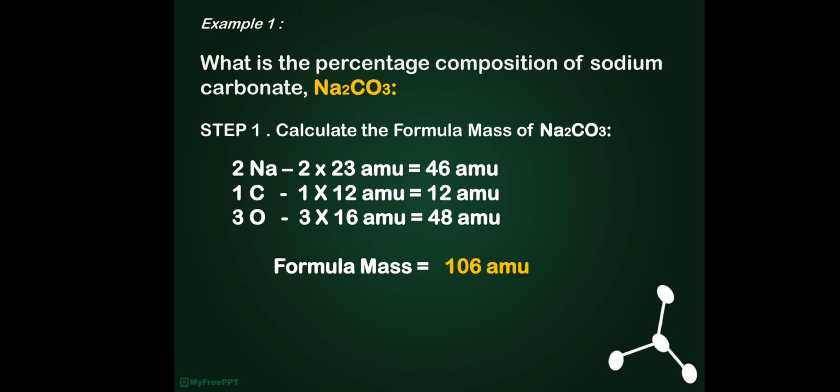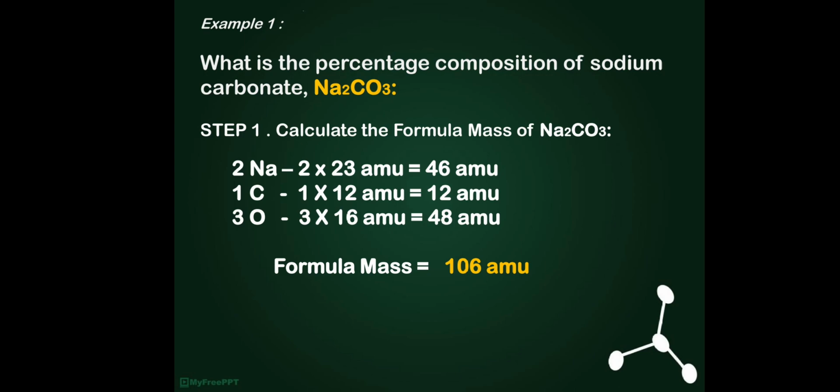So again, what we're going to do, we will multiply it to their atomic masses. So find the atomic masses of each element in the periodic table. So 2 multiplied by 23, which is the atomic mass of sodium, is equal to 46 atomic mass units.